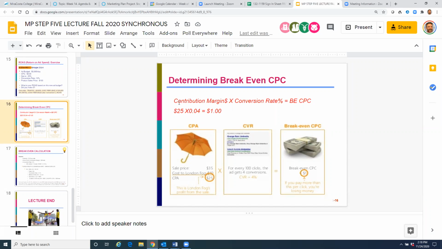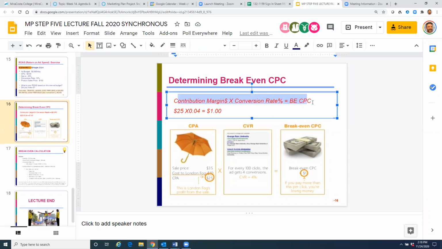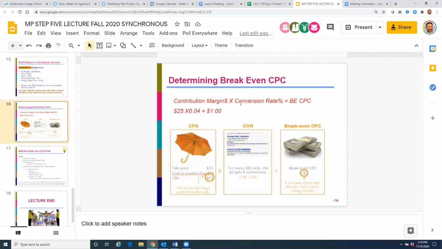So to do that, the calculation is this piece here. It's the contribution margin multiplied by your conversion rate. We already know that conversion rate, that's how many people actually buy. The sample we were looking at was 2.4%.